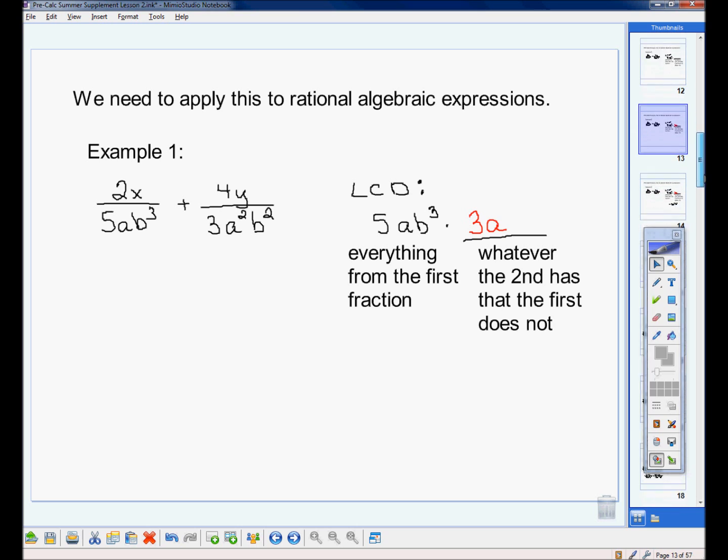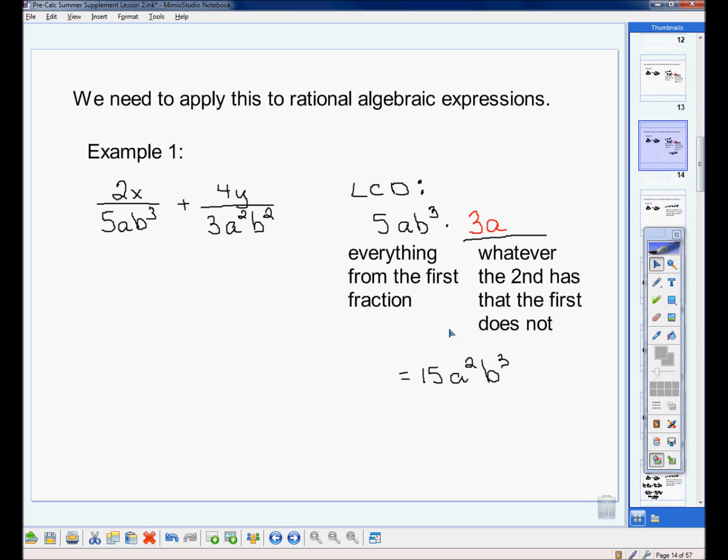So when we go ahead and multiply that out, our least common denominator is 15a squared b cubed. So that's the common denominator we are going to need to have for these rational algebraic expressions in order to be able to add them.